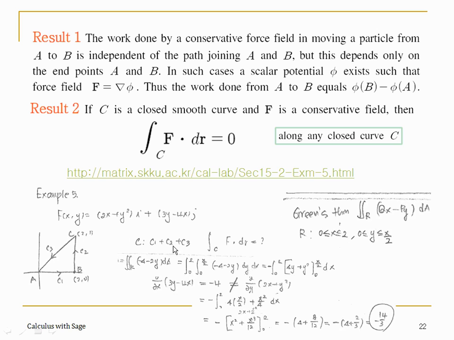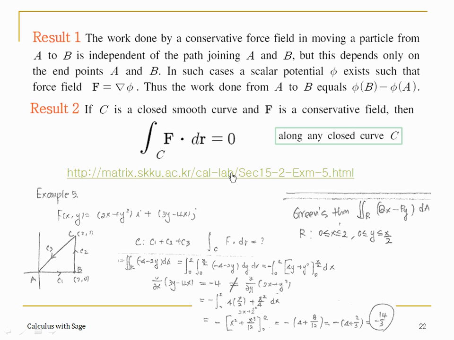Okay, this is the way that we do it, but the other way, this integral, we will learn Green's theorem for the computation of this to find it in better ways. These computations can be simplified if we use Green's theorem that we will learn later.